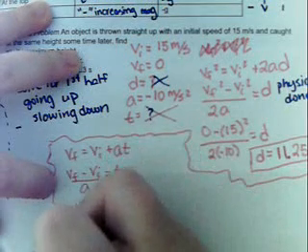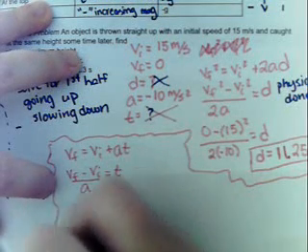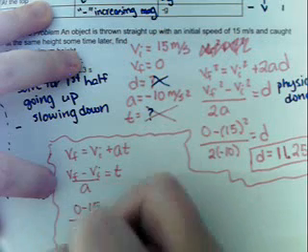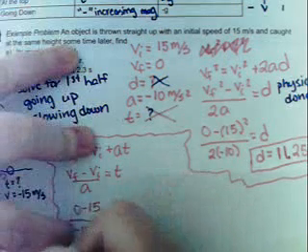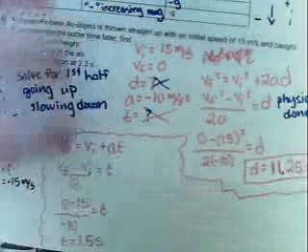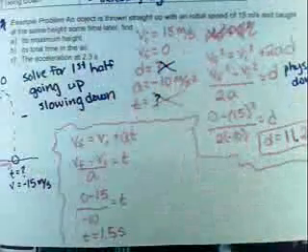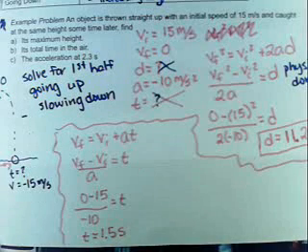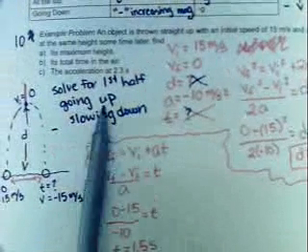0 minus 15 over negative 10 equals T. T equals 1.5 seconds. You're going to be tempted to be like, draw a box around it, we're done, go home. Well, what did we just solve for? We solved for the first half of the problem.